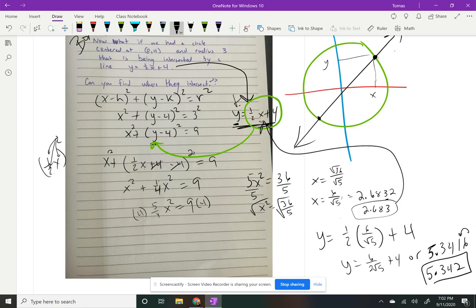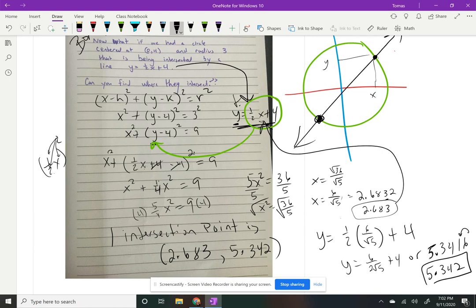So one intersection point is 2.683, comma, 5.342. Now that's one. What I want you to do is this is strictly a bonus.